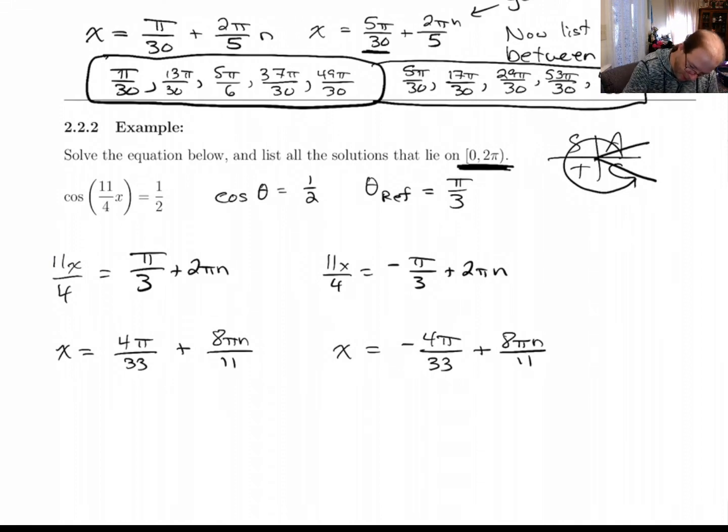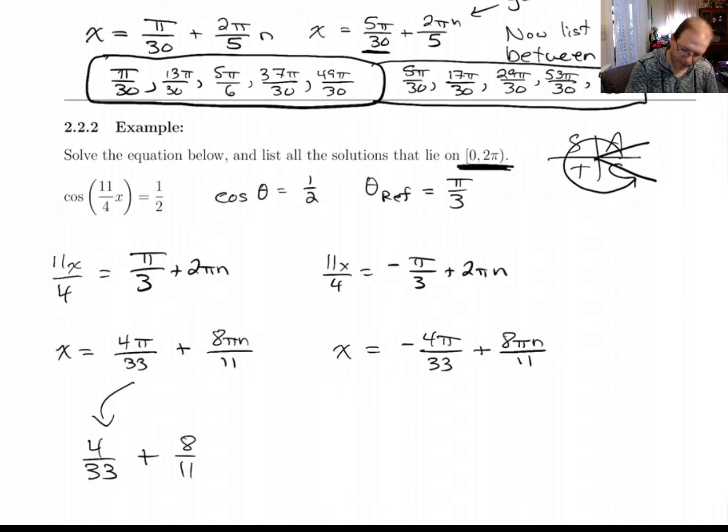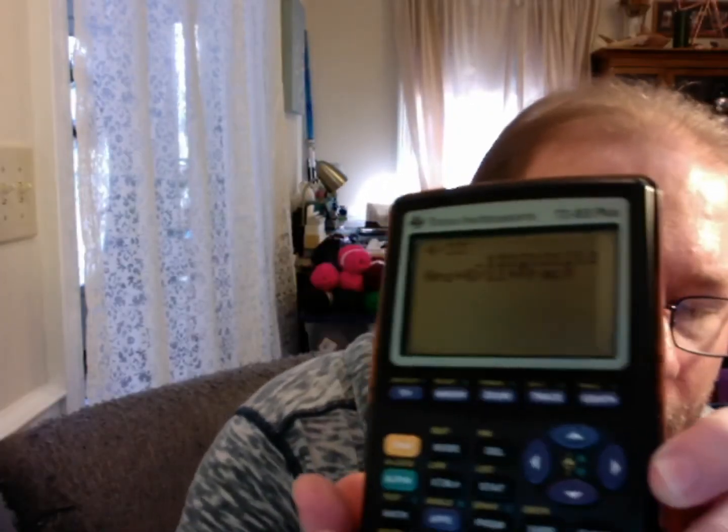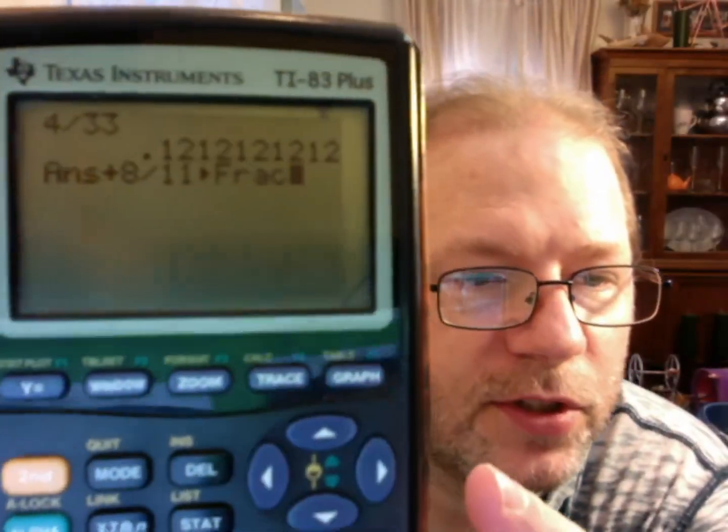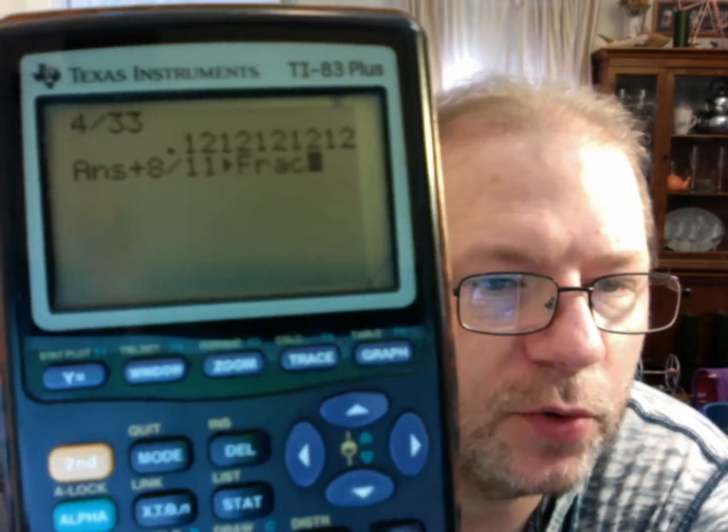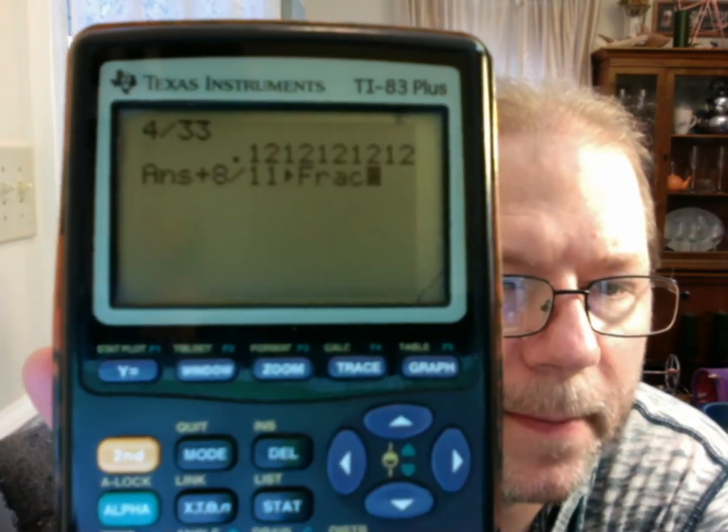What I'm going to do on the calculator is I'm going to start with this. I'm going to do 4 over 33, and then I'm going to add multiples of 8 over 11. So let's see, 4 over 33. Right, so I've got this here, and I want to keep adding these on until our answer gets bigger than 2.